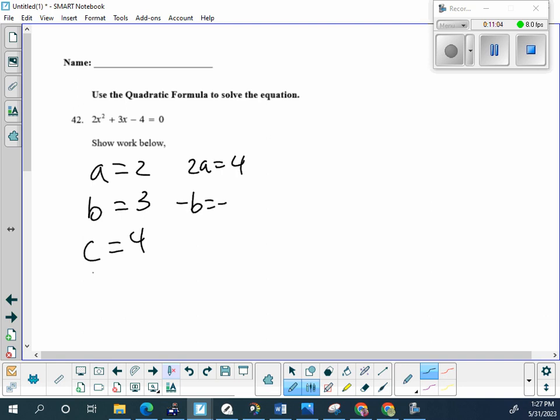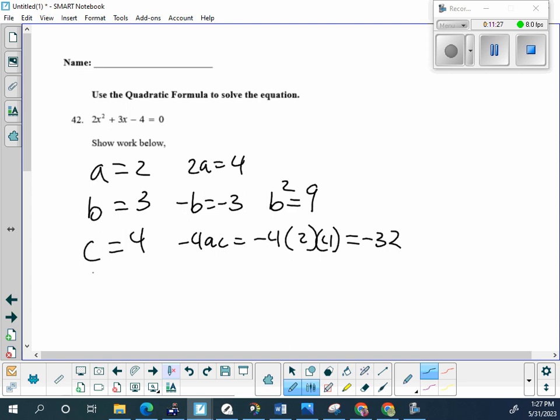Negative b is negative 3. B squared is always positive, so it's 9. 3 times 3 is 9. And minus 4ac is minus 4 times a, which is 2, times c, which is 4. That gives me negative 32. So 4 times 4 is 16 times 2 is 32, or 8 times negative 4 is negative 32.